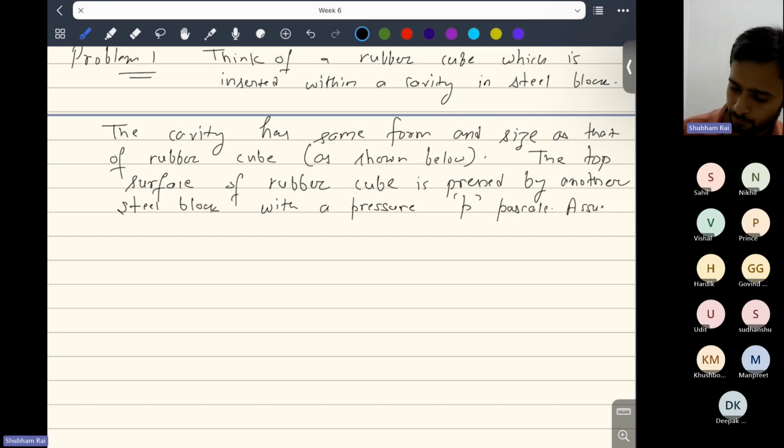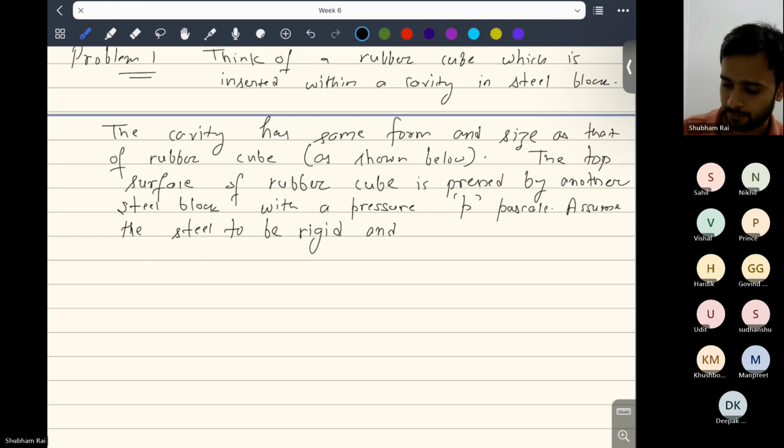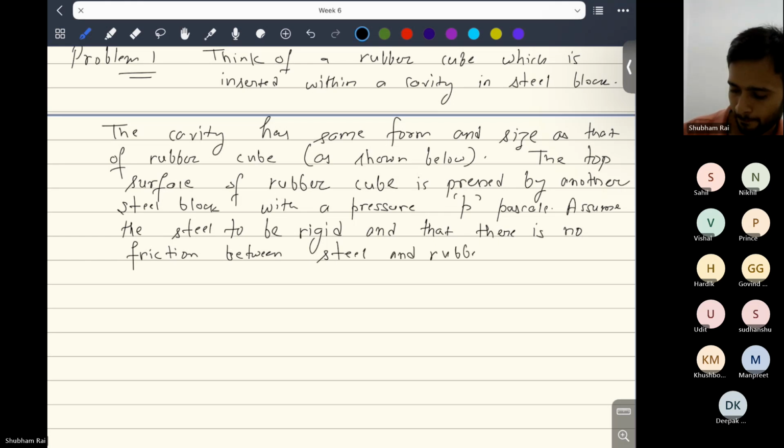And you have to assume the steel to be rigid and that there is no friction between steel and rubber.